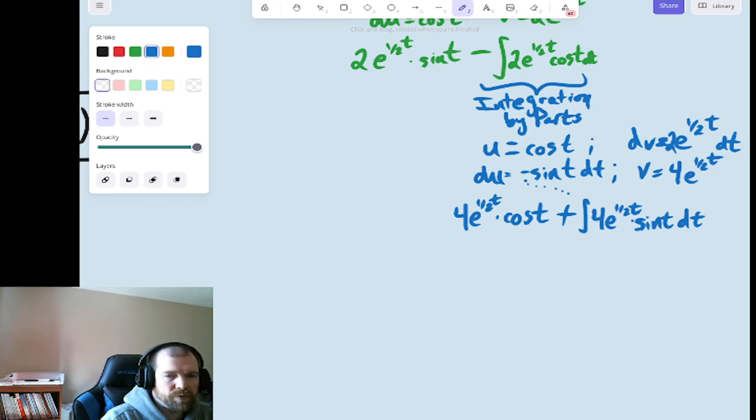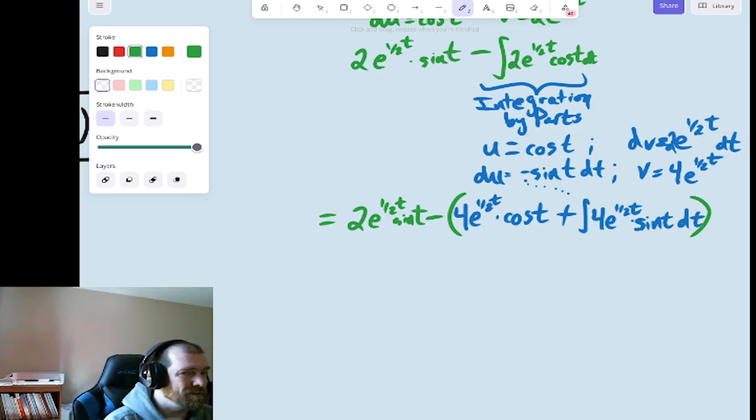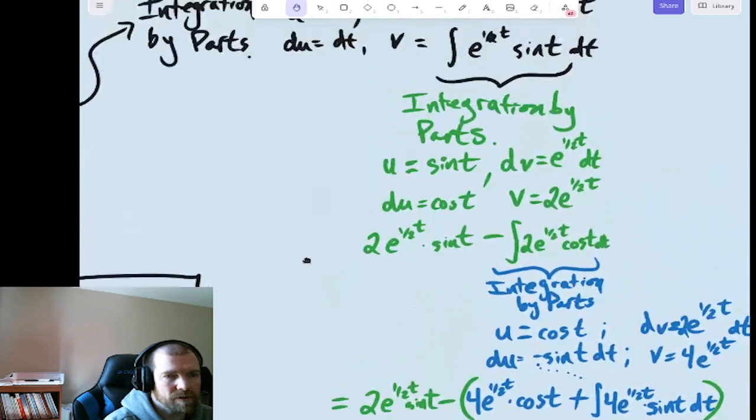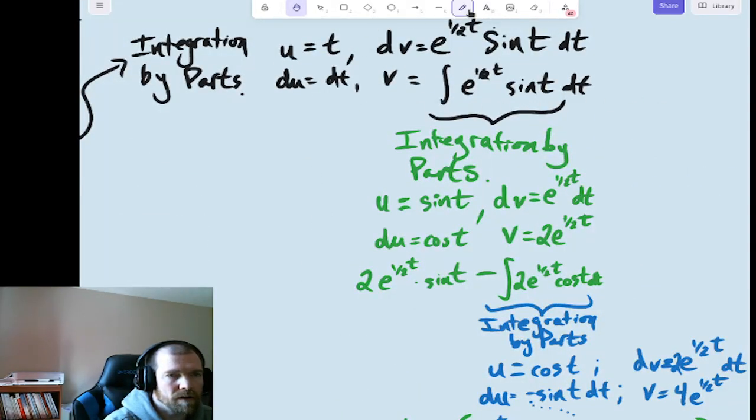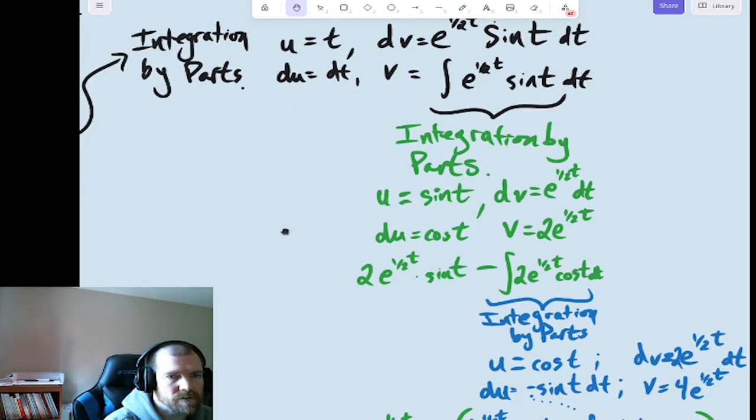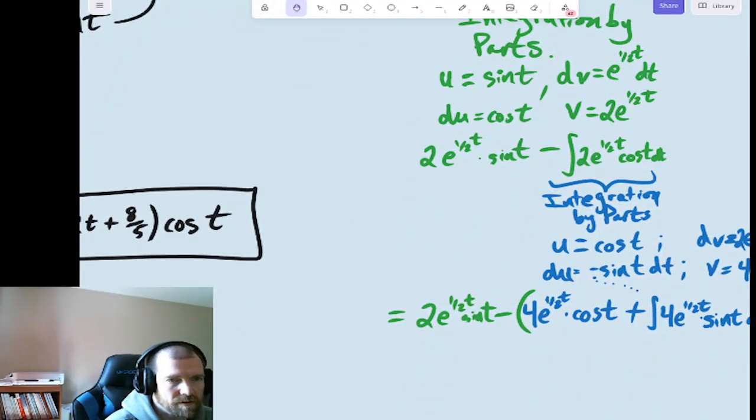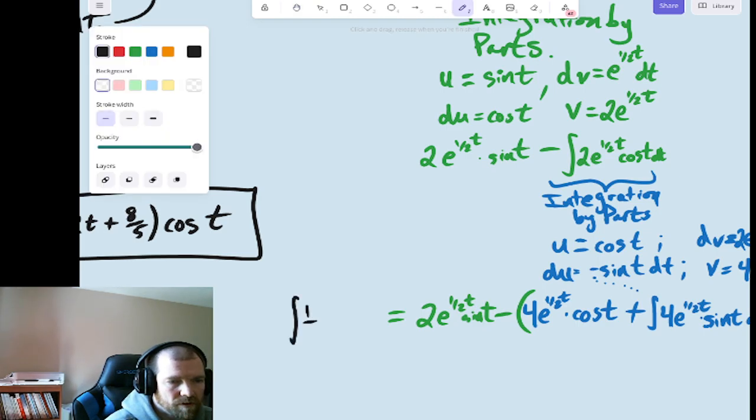So, where does that put us? All of this was inside of now a minus sign, which had 2e to the 1/2 t sine of t, which then all of that was equal to the integral of e to the 1/2 t sine of t dt.